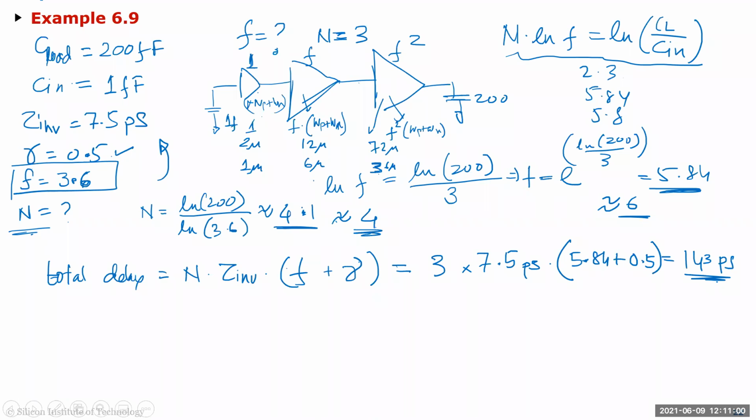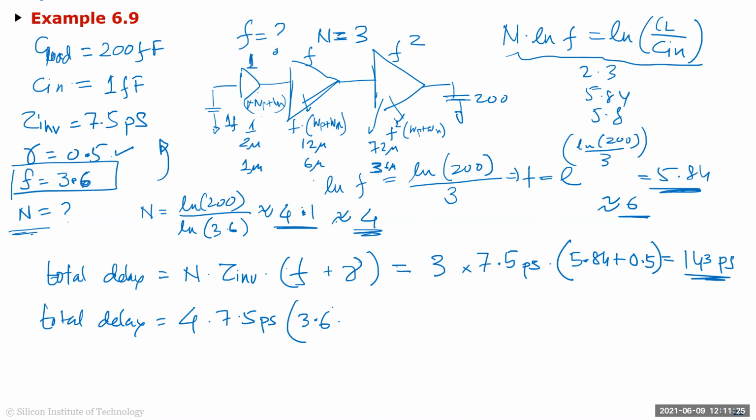So that was the first one. Now let's see, after we optimized it, how much different is it? The total delay of the optimized one is, now it's 4 stages and 7.5 picosecond, and the fan out now is 3.6.